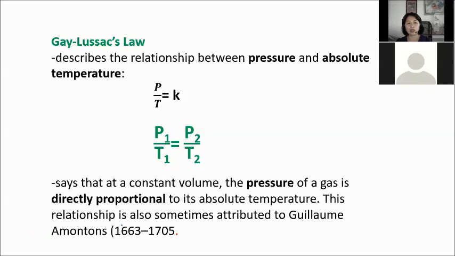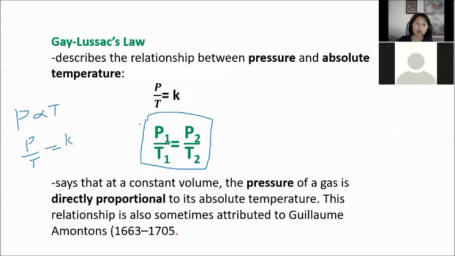This relationship is also sometimes attributed to Amontons. So when we introduce a constant, we have P over T equals constant. For two conditions, we have P1 over T1 is equal to P2 over T2.